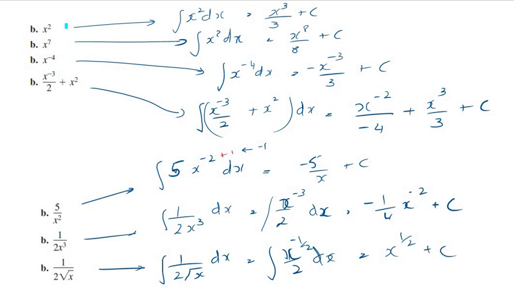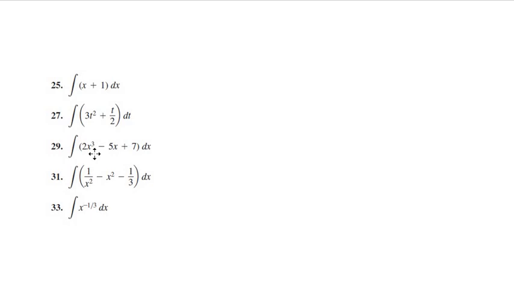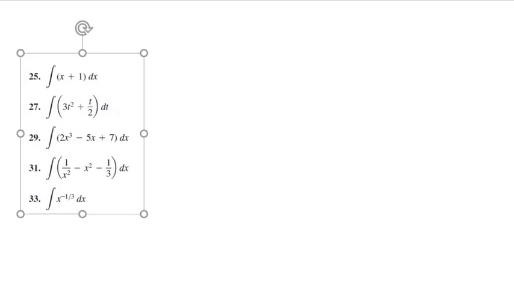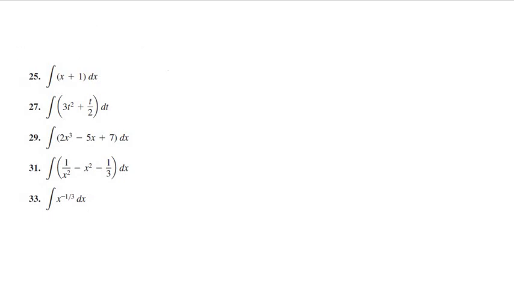Let's do more questions. Let me quickly do these questions. This is in Thomas's Calculus book. So let me do 25 here.